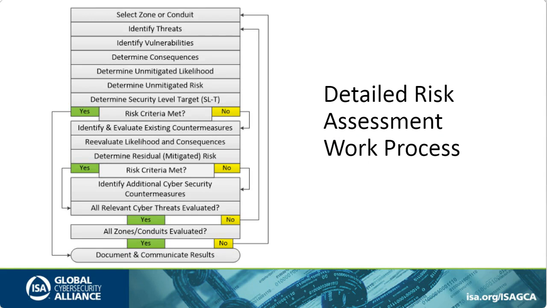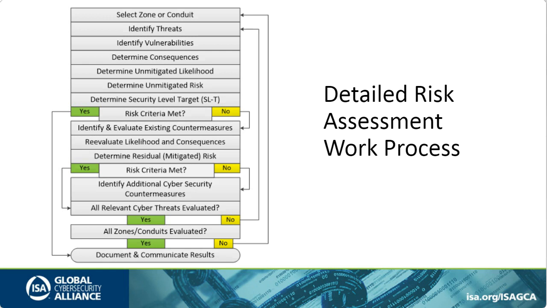You'd identify threat vulnerability combinations, and from the threat vulnerability combination, you determine a consequence, determine the unmitigated likelihood that we talked about, which then leads, now that you've got the consequence and you're considering unmitigated likelihood, you can determine your unmitigated risk. That allows you to determine what security level target you're trying to adopt.